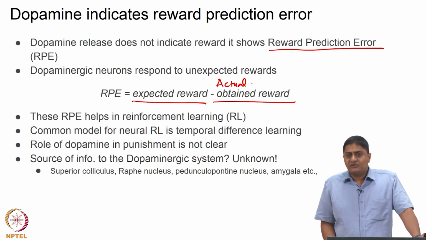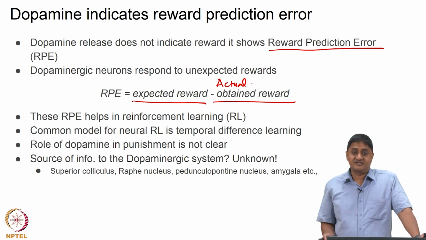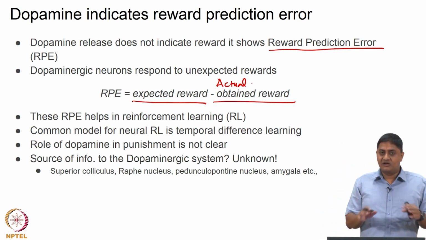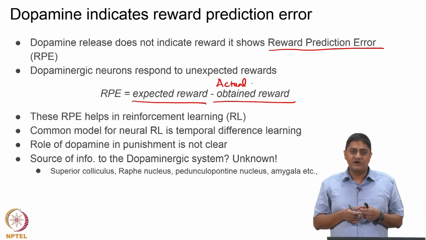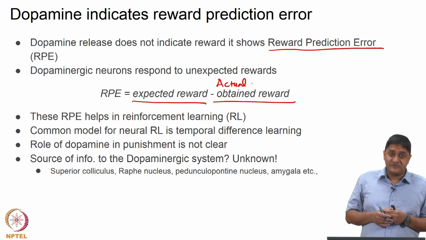Let us say that someone has promised to give me 100 rupees if I finish teaching this class. So, I finish teaching this class, and at the end of the class the cameraman or the NPTEL team is going to give me 100 rupees, this is what I have been told. So, I am expecting 100 rupees.